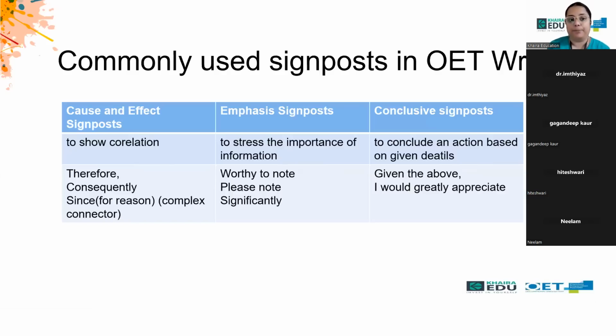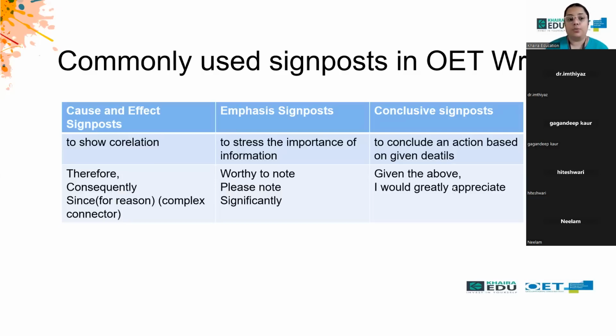Let's learn about some more of the commonly used signposts in OET writing. We looked at 5 categories on the previous slide. We have 3 more here. Cause and effect signposts. What are these? In your letters, you must have observed that due to a particular action of the patient, there is some result that they see. Or due to a particular action that was taken in the hospital, there is some improvement in the condition of the patient.